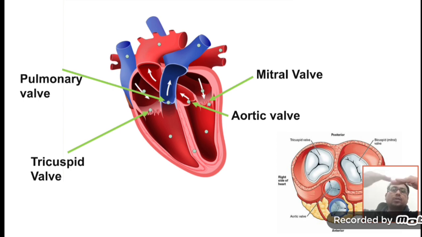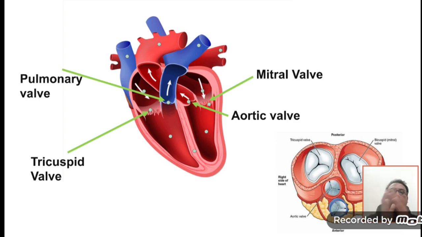Okay, it allows the blood to go inside in the downward direction, towards the right ventricle. Here, it is being pushed in the upward direction, from the pulmonary artery to the lungs, where it gets exchanged with oxygen rich blood.